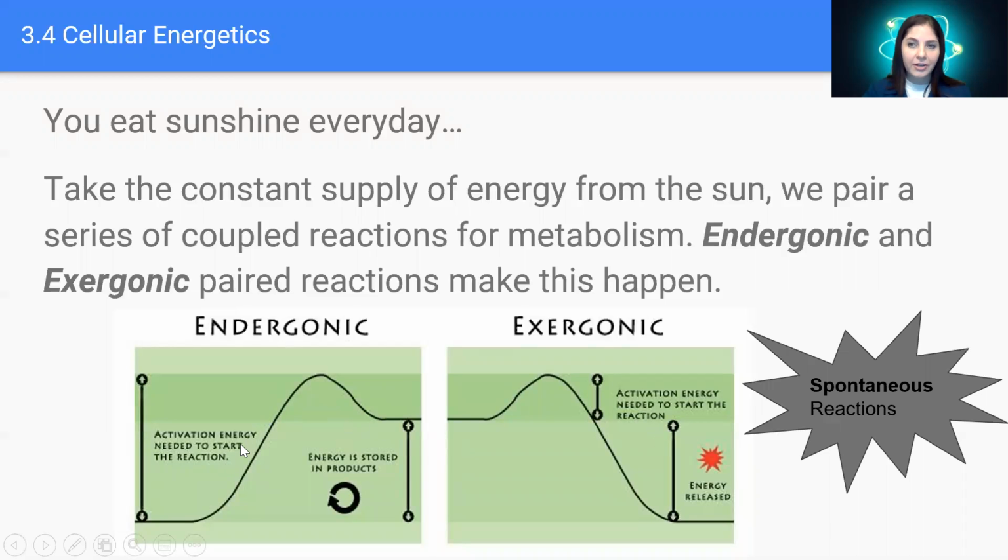With an endergonic reaction, that is not spontaneous, meaning that energy has to drive that reaction in order for all of those molecules to have energy stored in the bonds that form between them. So again, exergonic is a spontaneous reaction that's going to release energy, and endergonic is a non-spontaneous reaction that's going to store energy.